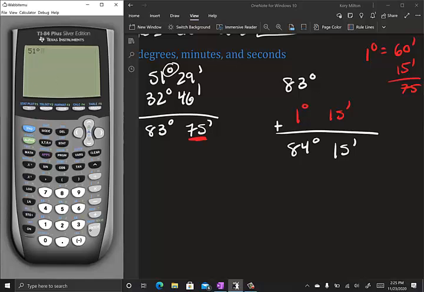Then we have 29 minutes, so 29, and to get minutes, it's second apps, number 2. Then we need to add that to 32 degrees, so 32, second apps, number 1, then 46 minutes, so 46, second apps, number 2.